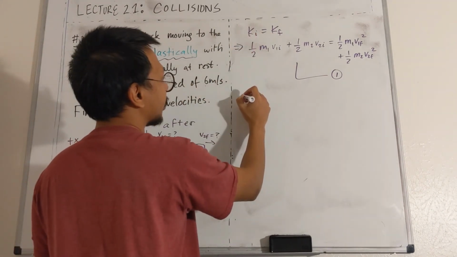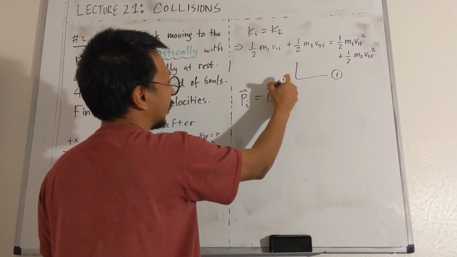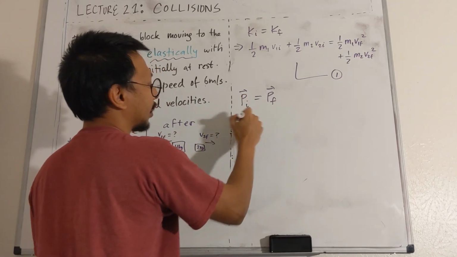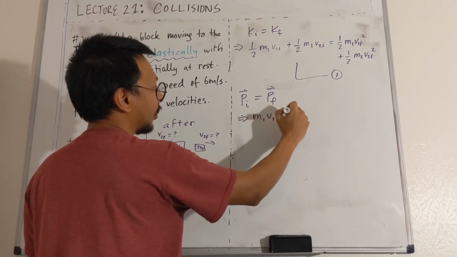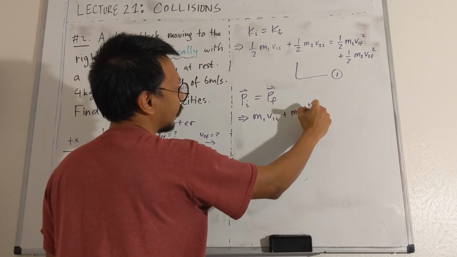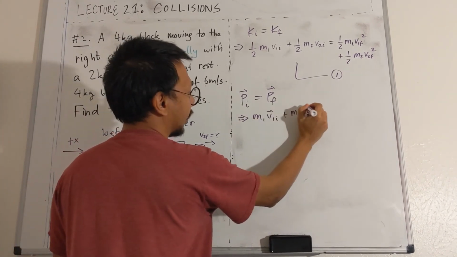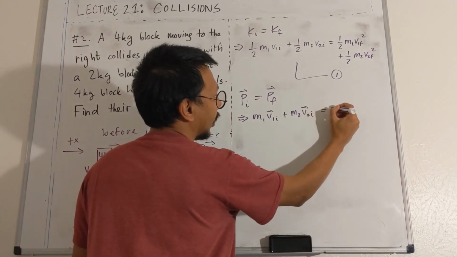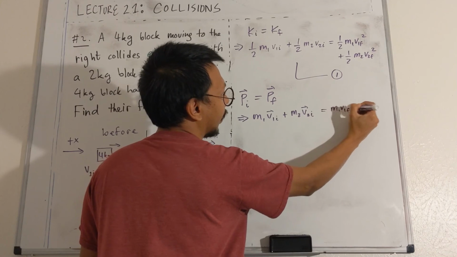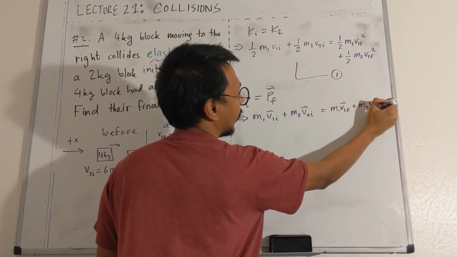In addition to this, we have the other equation, that is the momentum is conserved in the collision. This means m1 v1i plus m2 v2i, taking their directions positive or negative depending on that, equal to m1 v1 final plus m2 v2 final.